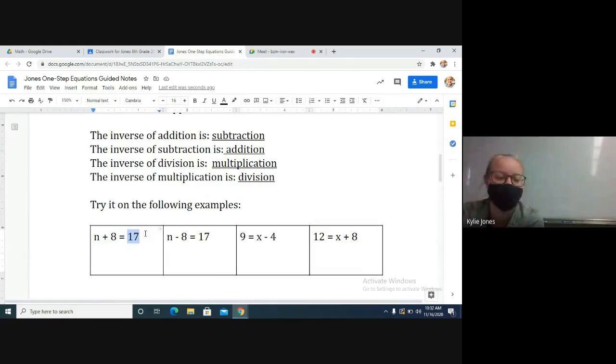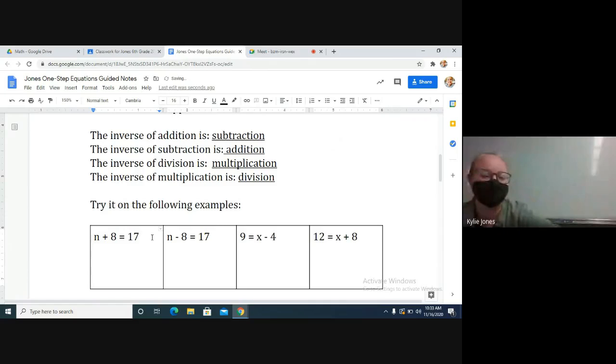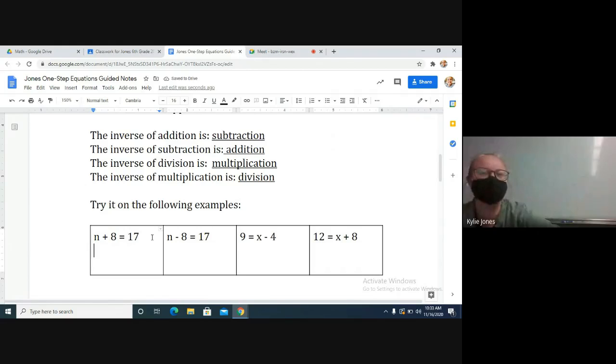It told us that we need to get all the numbers on one side of the equal sign. And then it also told us that if you see addition, you need to do the opposite. What is the opposite of addition? Subtraction. Mm-hmm. Yep. To get rid of it, yeah.